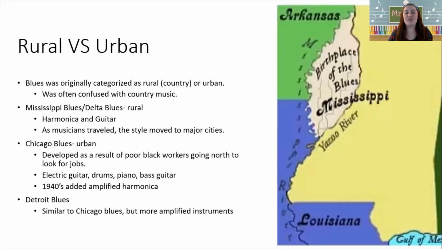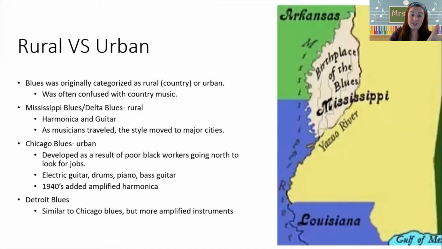So let's talk about the difference between the words rural and urban. Rural, typically you're thinking farm, country, kind of out there. And urban, you're thinking city life, high concentration of people. Blues was originally categorized as a rural or country style of music. This is something you would see out in the country, a single person with a guitar singing the blues.